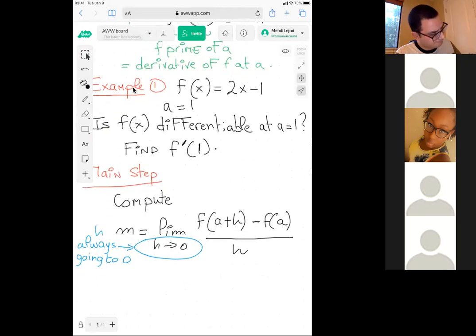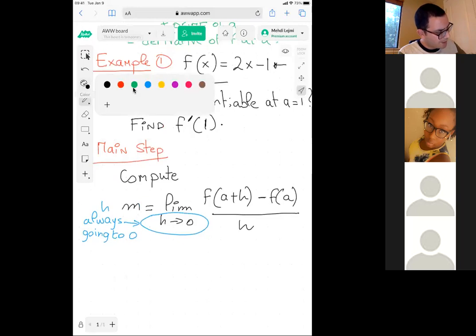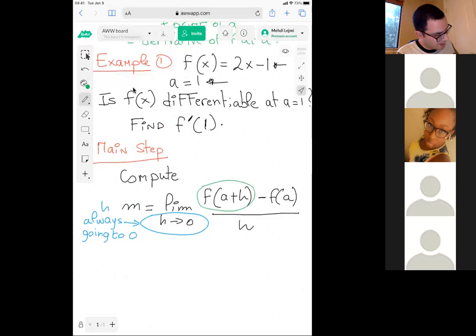Now, we know a, it's given in the problem. a is supposed to be 1. And f of x is 2x minus 1. So in this definition, I need f of a plus h and I need f of a, and then I can compute my limit.